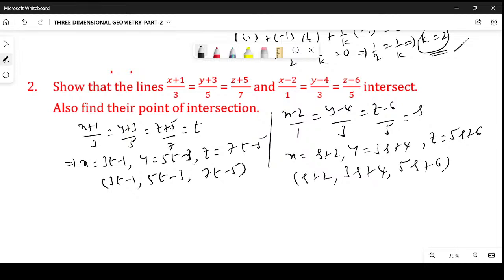They are asking us to show that the lines intersect. This is line 1 and this is line 2.